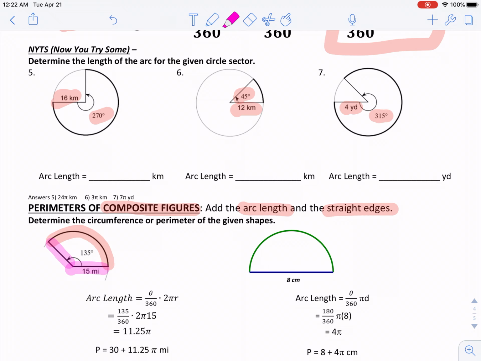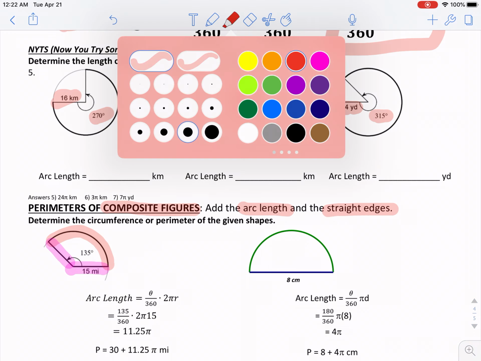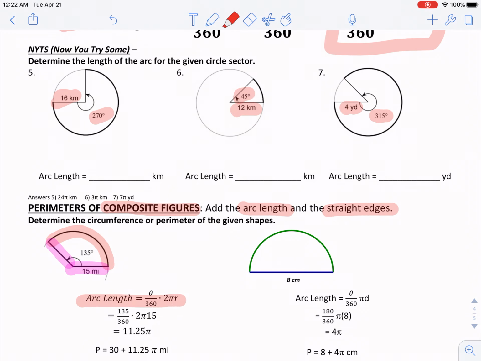All right, so notice they find their arc length first. There's their equation. The central angle was 135 degrees divided by 360 times 2 times pi times 15, because 15 is the radius. And they get the number 11.25 times pi.